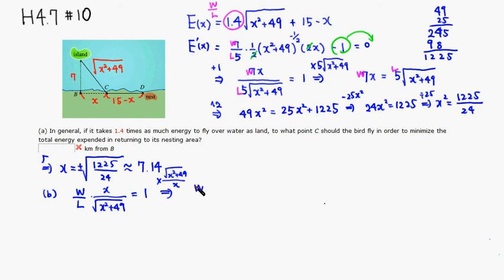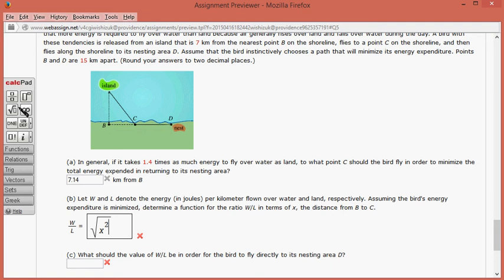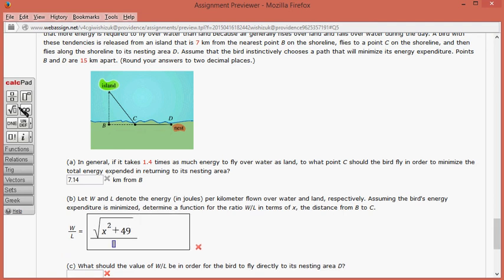That will give us W over L is the square root of x squared plus 49 over x. Alright, so let's type it in: square root of x squared plus 49 over x.